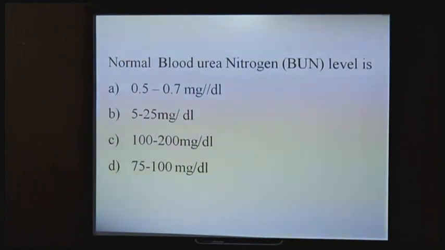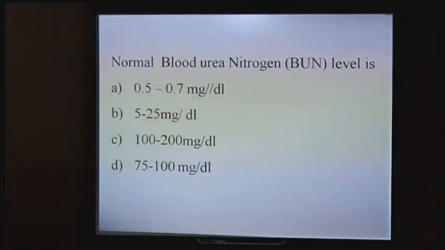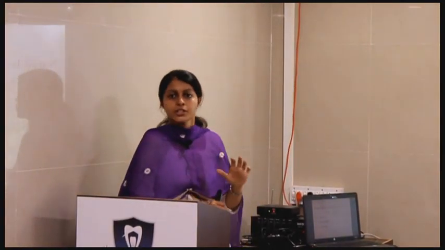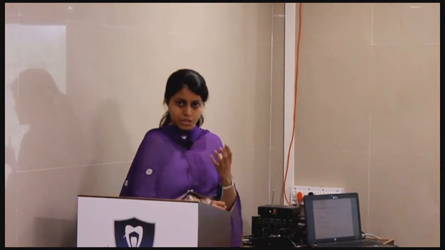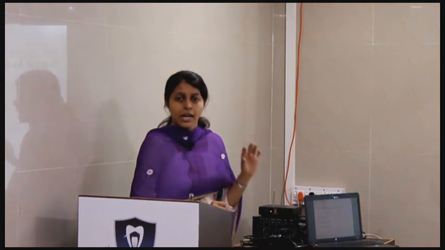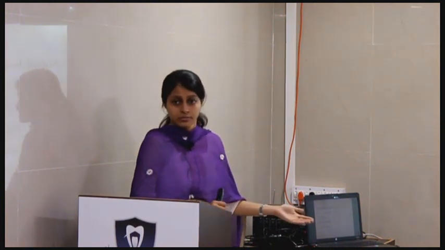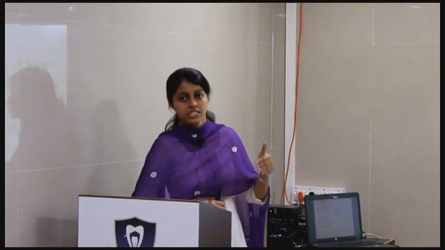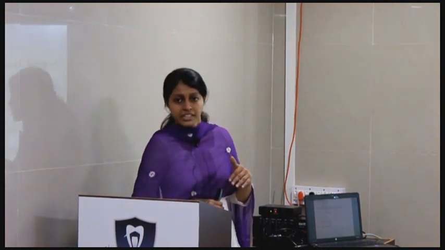Normal blood urea nitrogen. What is blood urea nitrogen? Yeah, so how does it form? Normally, you have muscle breakdown, tissue breakdown, alright, protein breakdown. You will have urea excreted into the blood, and that has to excrete in the urine. And the capacity of this excretion is lost in case of your renal disease.